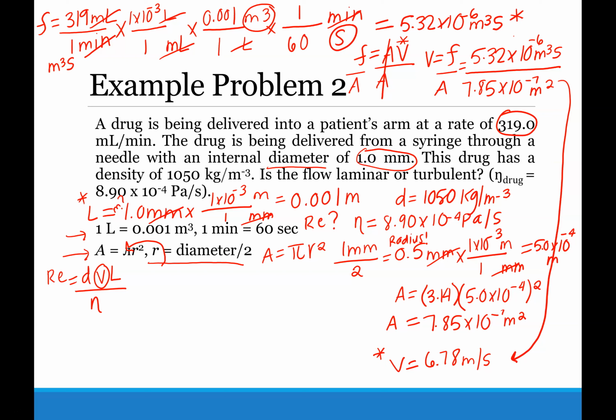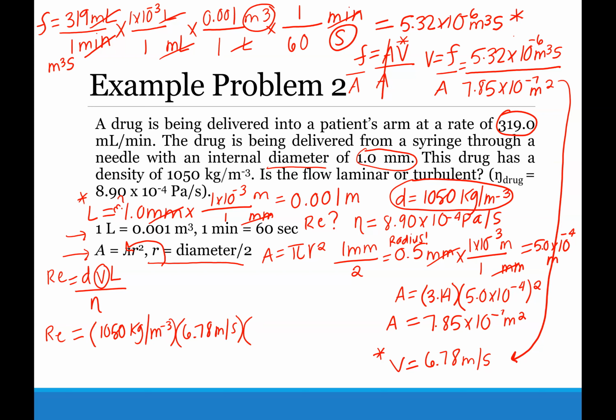So now we have an L, we have a V, we have a density that's given to us in the problem, and we have a viscosity. And so now we're finally ready to put everything into the Reynolds number equation. So the density from over here, 1050 kilograms per meter cubed. The velocity that we calculated was 6.78 meters per second.